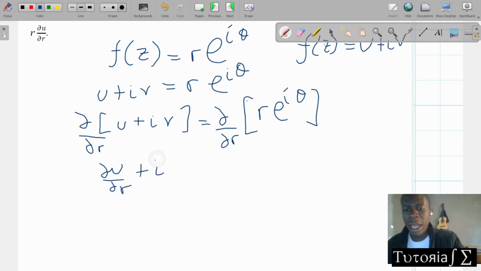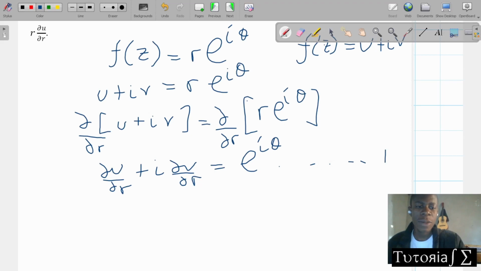So plus i dv/dr equals to, now differentiating this part with respect to r. This part doesn't have any r in it, so our concentration is only on this part. This part with respect to r will just be 1, meaning that here we will remain with e to the i theta, and this is our equation 1.